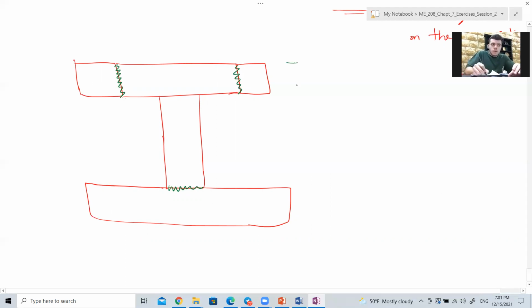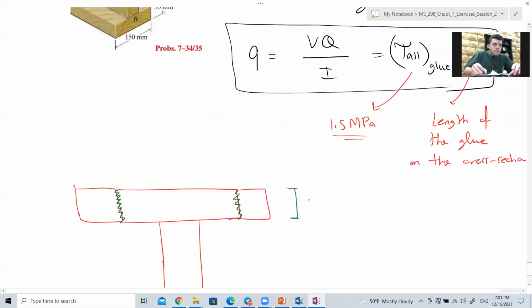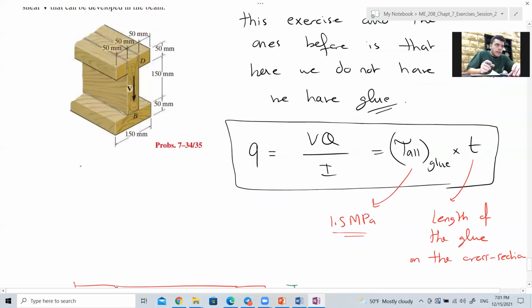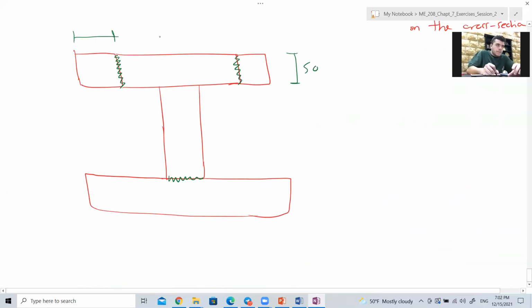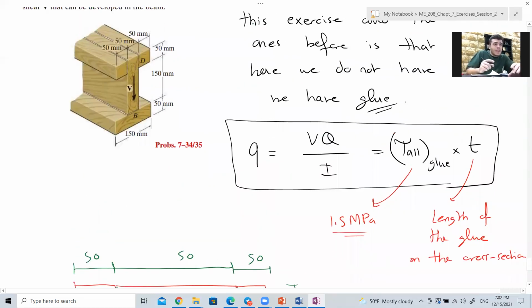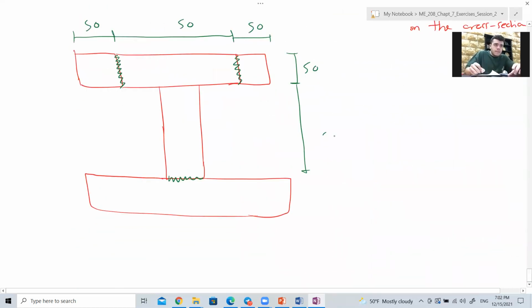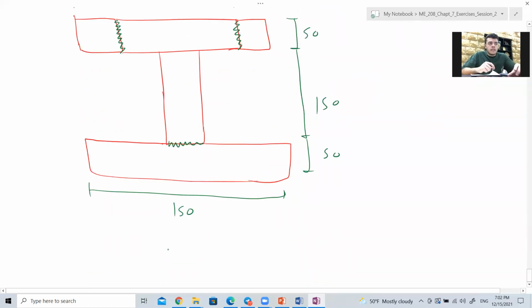This is the glue. عندك الديستنسز طبعا اللي هن 50 كله 50 50 50 50 50 كله 50. تحت عندك 150، هون عندك 50، هون عندك 150. تمام؟ So this is the section of the glue.